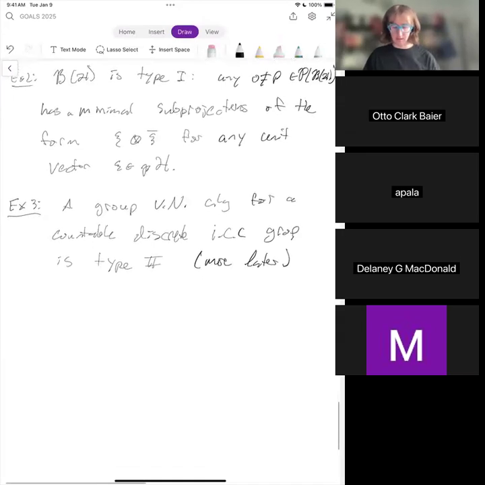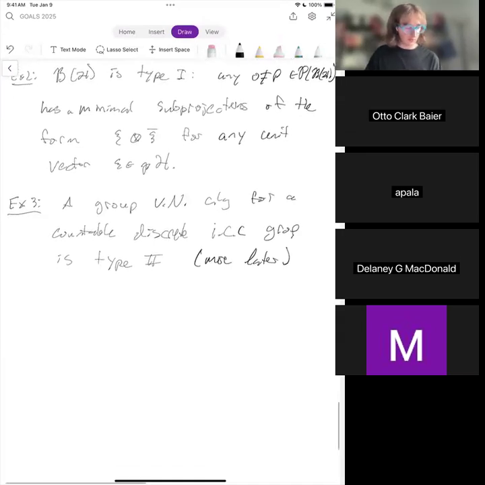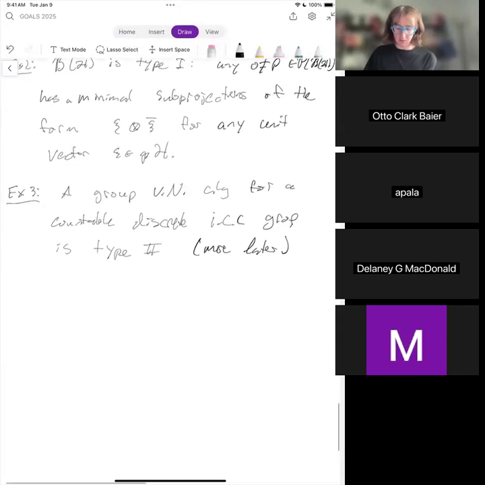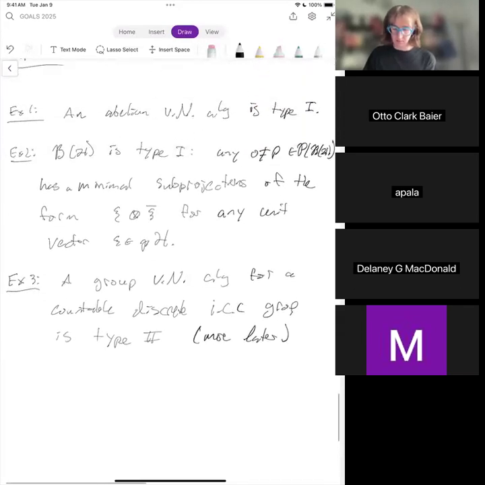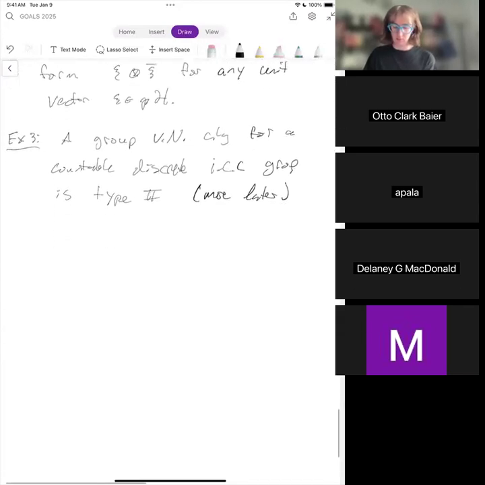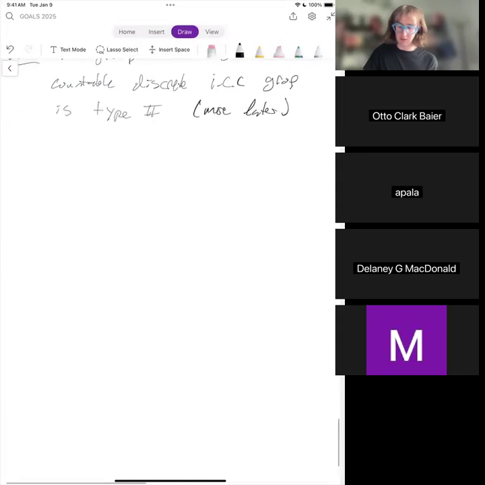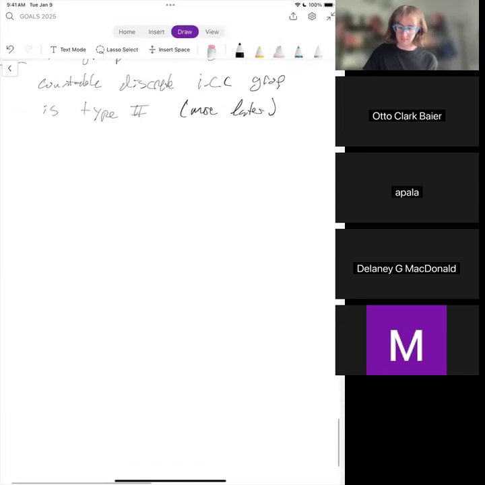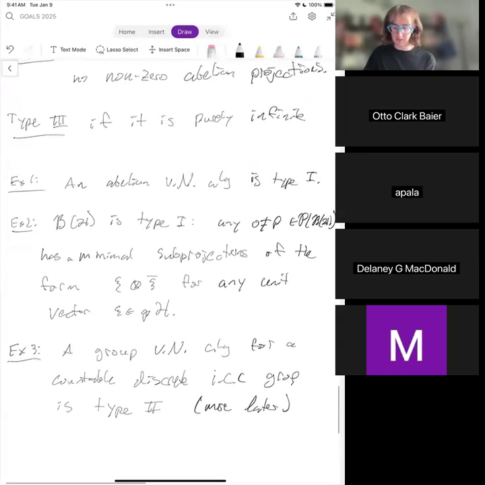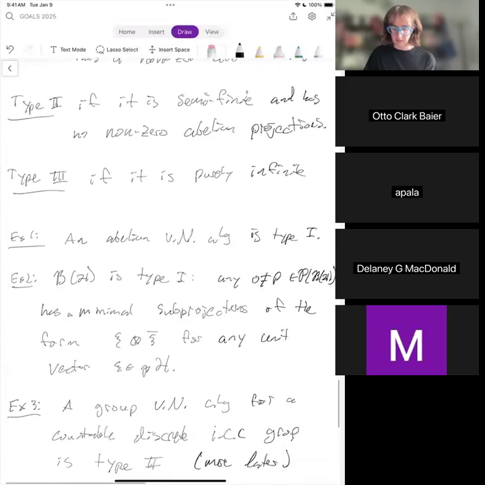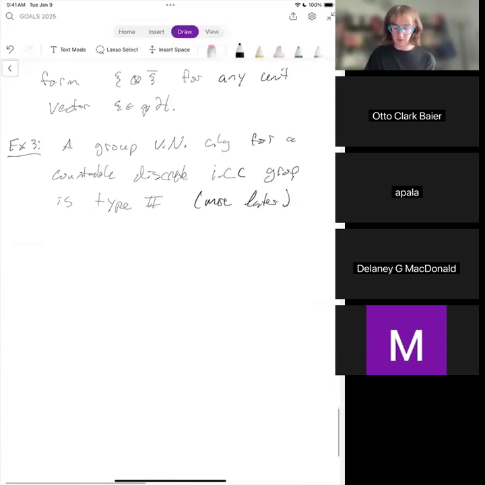Okay. So we're working towards this type decomposition theorem. And to motivate that, we start with an observation. I just said there's these three types of von Neumann algebras, and gave examples of two of them.